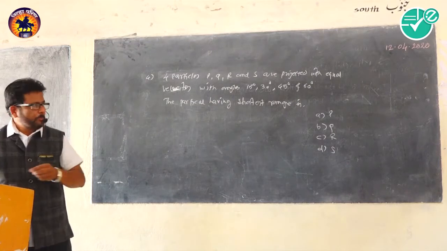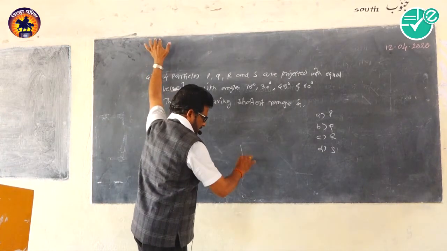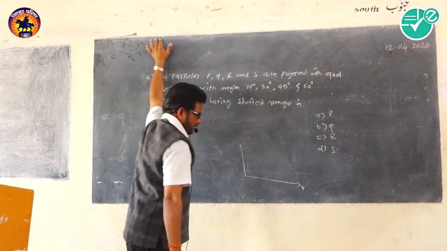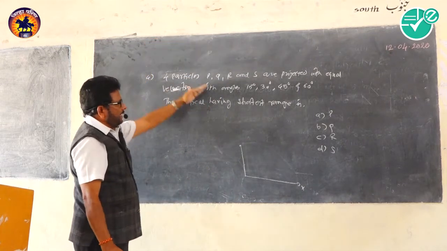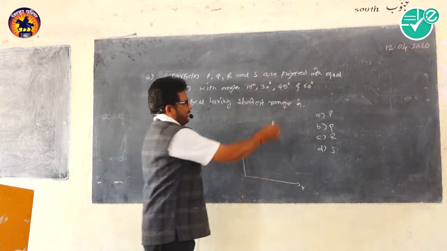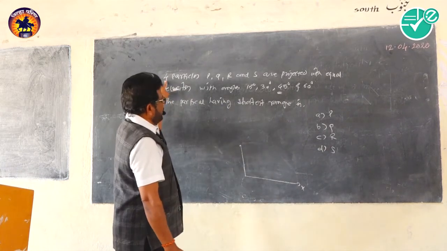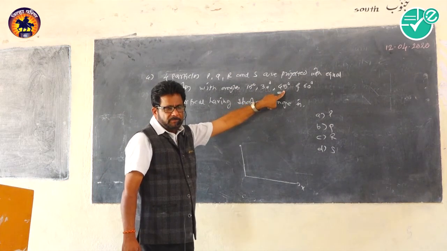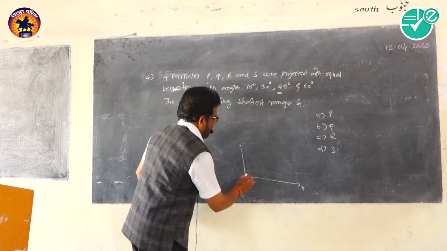Four particles are projected with the same velocities from this point. Suppose this is the y-axis, this is the x-axis, and these four particles are projected with angles of projection 15, 30, 45, 60. If the angle of projection is 45 degree, then the range is maximum. So for the particle R, the range is maximum.